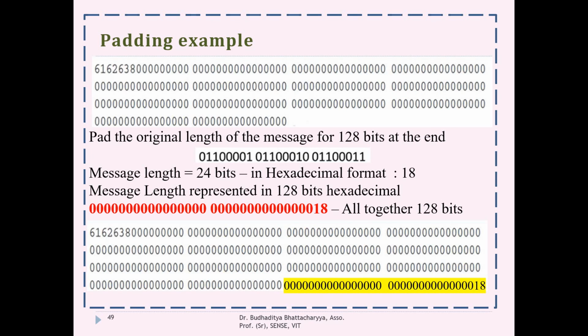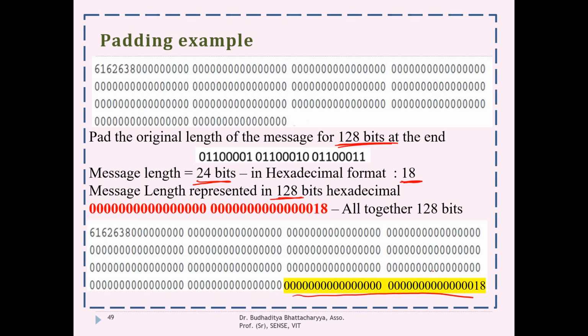Keeping that in mind, now what we have to do is, the original message needs to be converted to 128 bit and appended at the end. So that is being converted. See, 24 bits in hexadecimal is 18. That is converted to a 128 bit configuration, and it looks something like this.